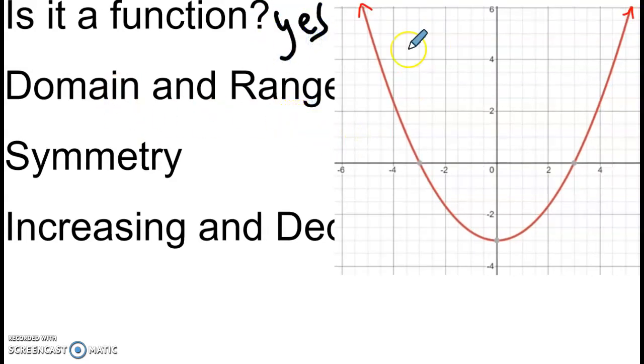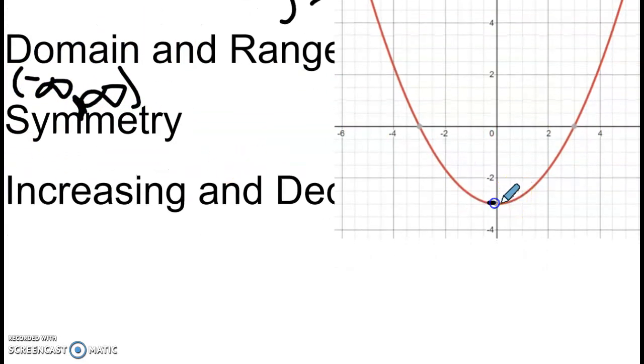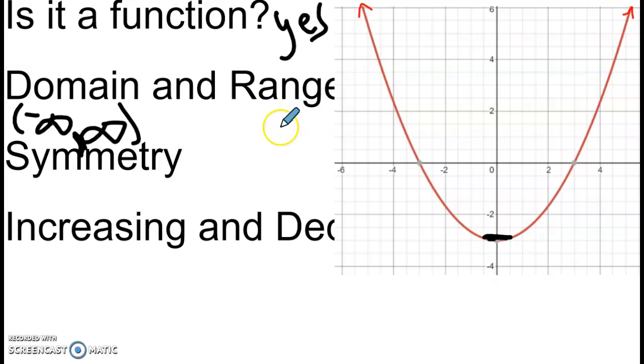Domain and range, well, looks like x can be anything, so the domain's all reals. But my range looks like as low as it goes is -3, and then up to infinity.